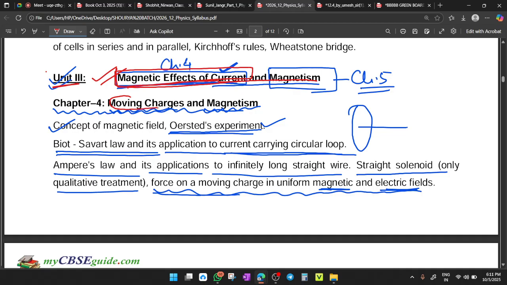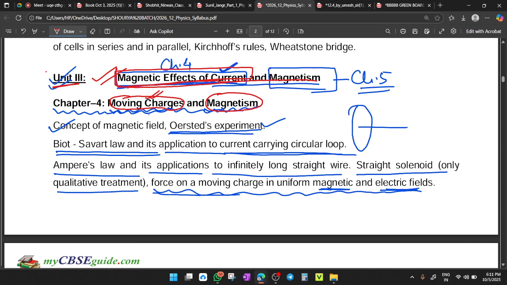In the magnetic effect of current, we have to deal with the total chapter in two parts. First is the effect of a moving charge, and second is the effect of magnetism.